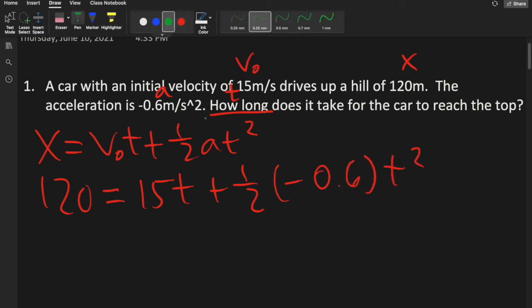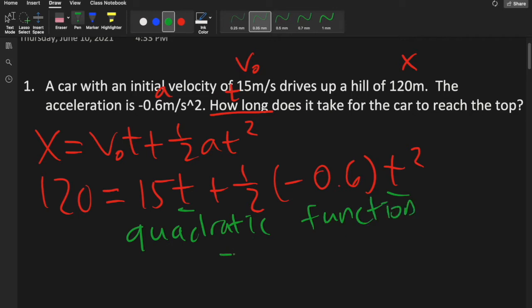So now you see there are 2 t's, so it might be a little bit hard to solve, but this is just a quadratic function, right? So you can factor to solve the equation.